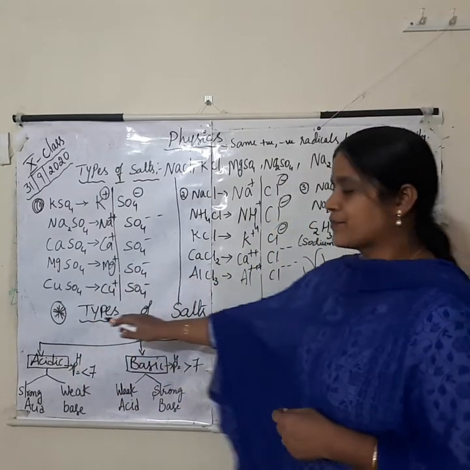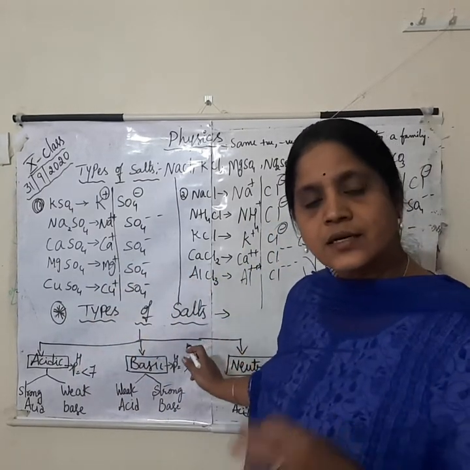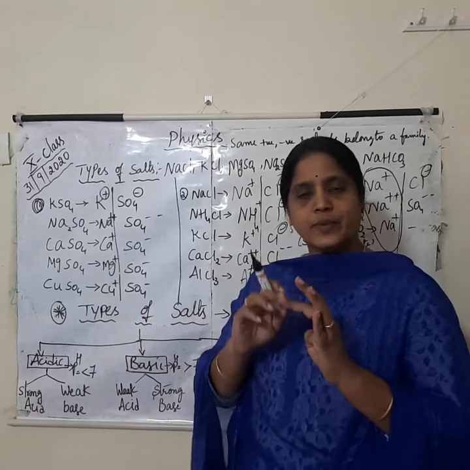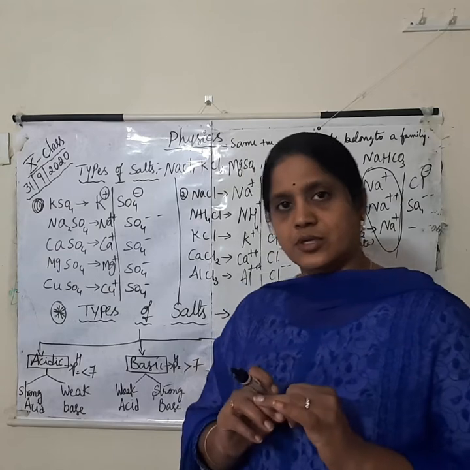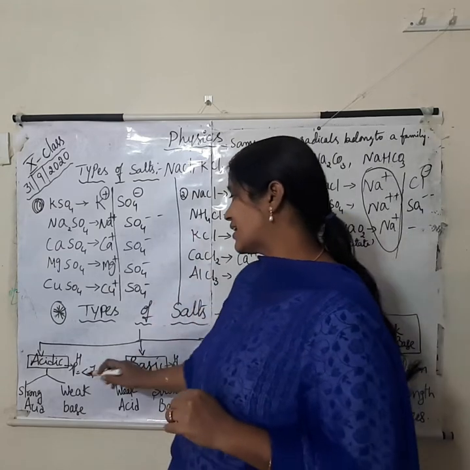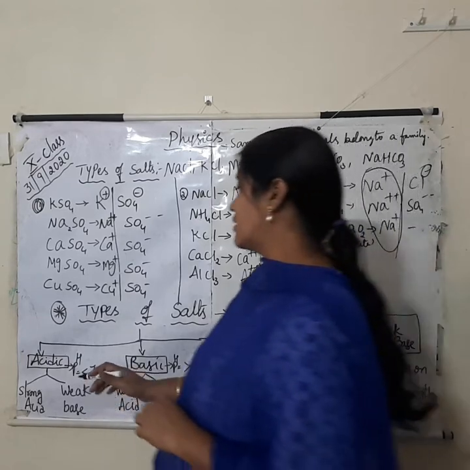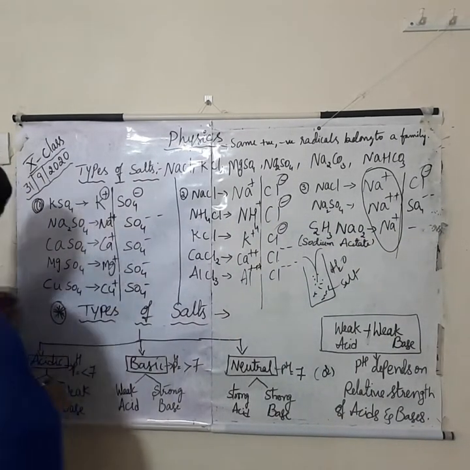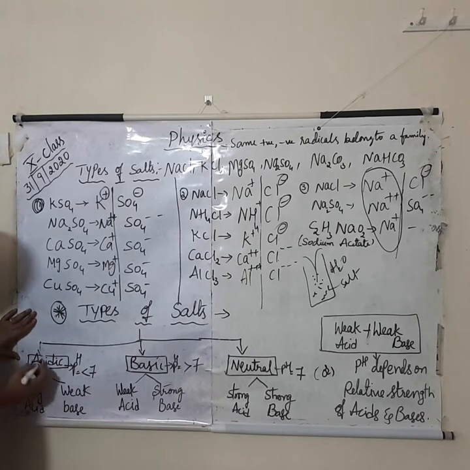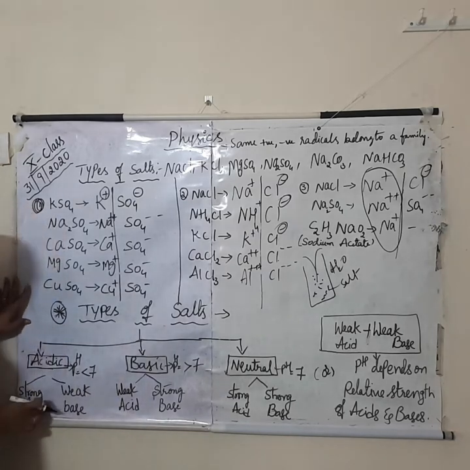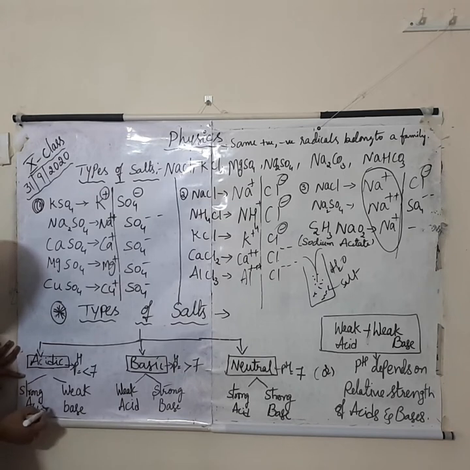Here you see types of salts. How many types do we have? Three types: acidic salts, basic salts, and neutral salts. When do you get acidic salt? Generally, salt means the combination of an acid with a base.